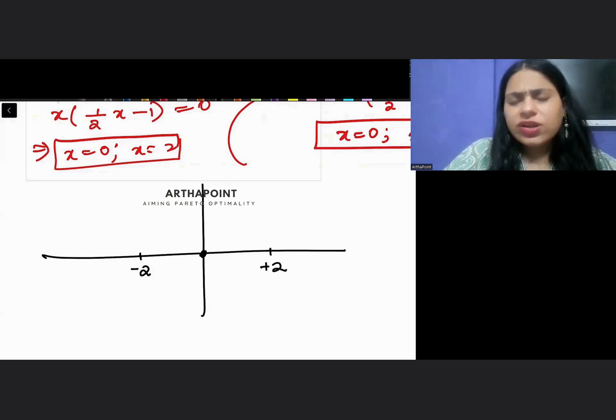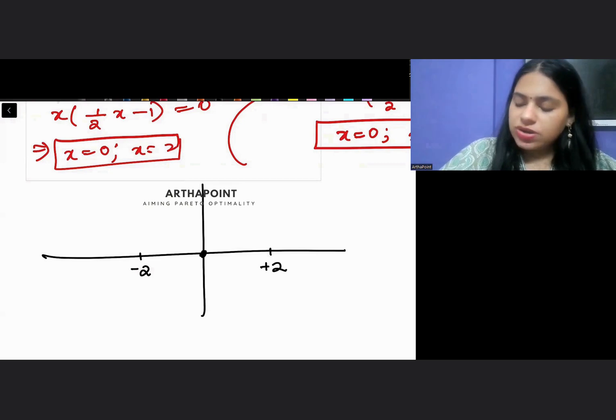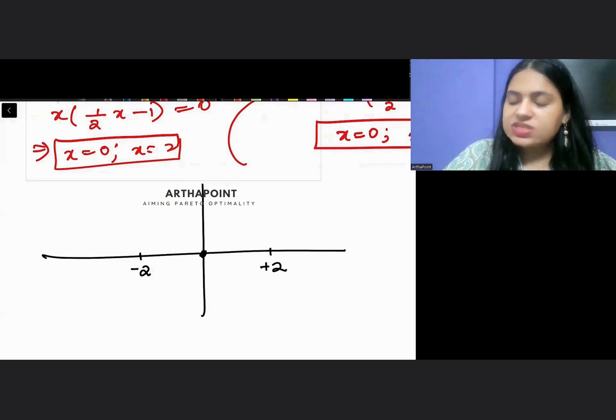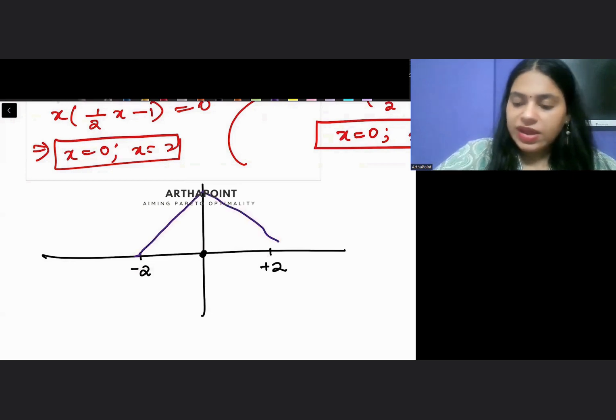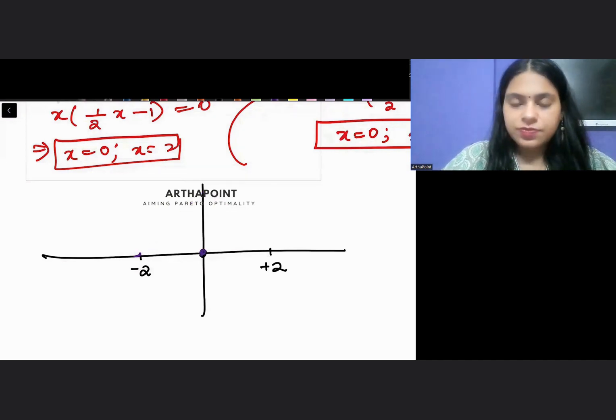Now, what can I imagine out of this function? It can happen that this function can maybe go like this, come like this? No. Why? Because I need to make sure that it is becoming 0 here, right?